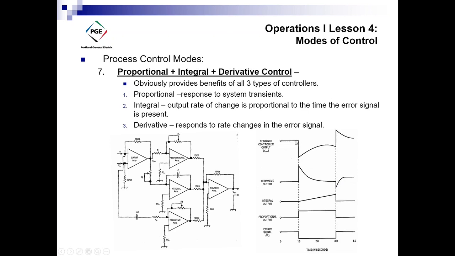So the overall controller signal would look like this. So this would be the controller output. And the controller output would be a combination of, if you look, it's kind of the negative of the derivative, but it's magnified. Because you take that derivative output, and then you add in the integral and the proportional signals. Same here. You take that derivative drop off, you add in the integral and proportional signals.